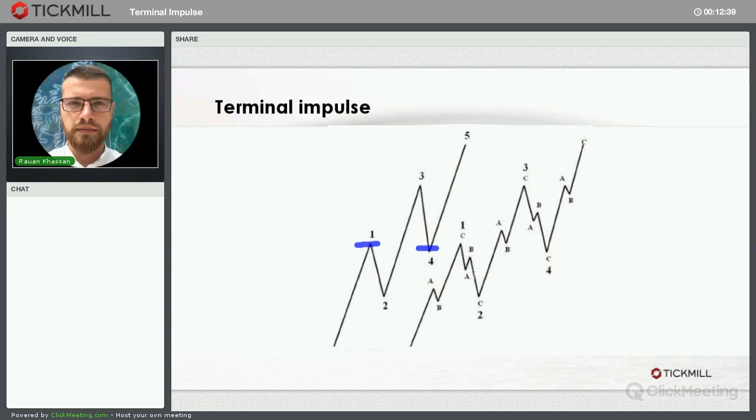The same as trend impulse, the waves of terminal impulse are marked with numbers from 1 to 5, which explains its trend character. At the same time, the waves which are included in terminal impulse and represent its inner structure are marked with letters from A to C as they have correction structure.